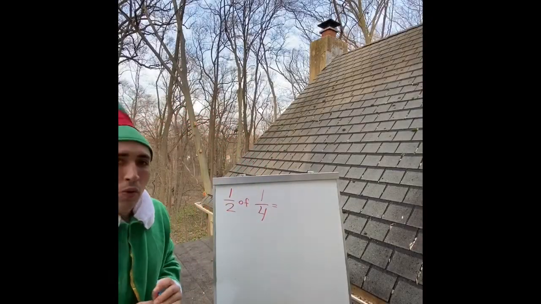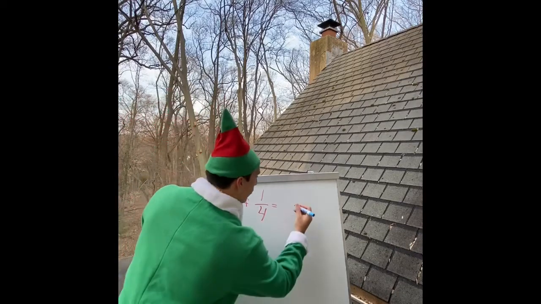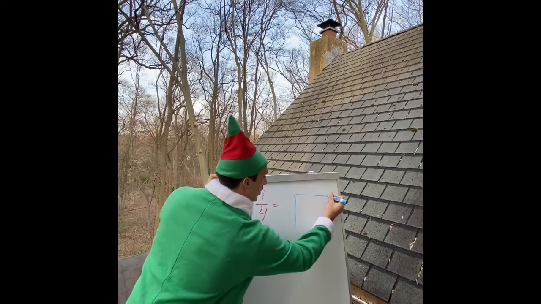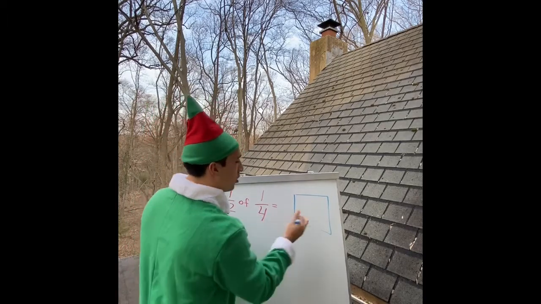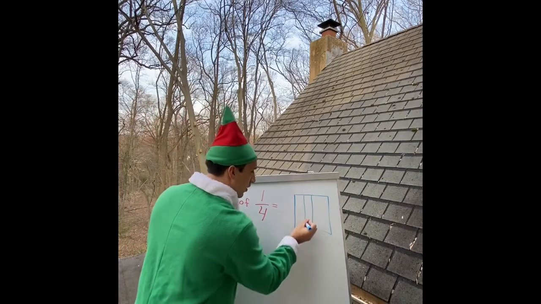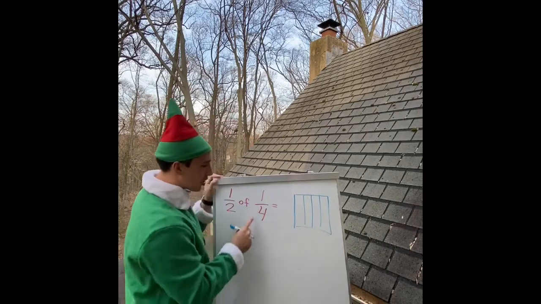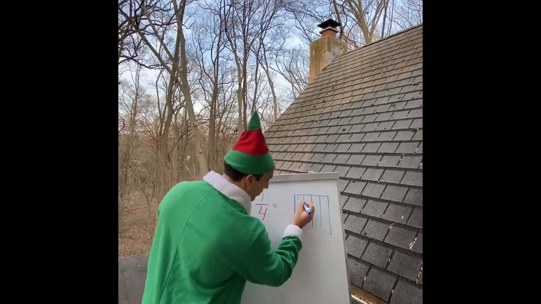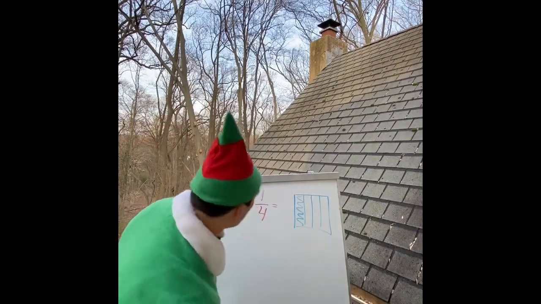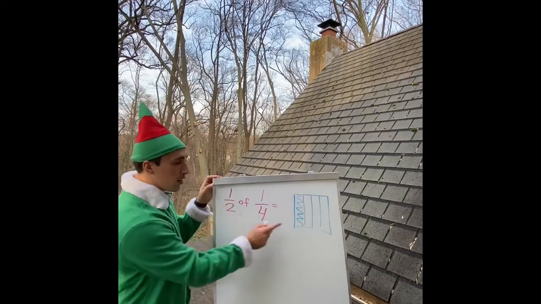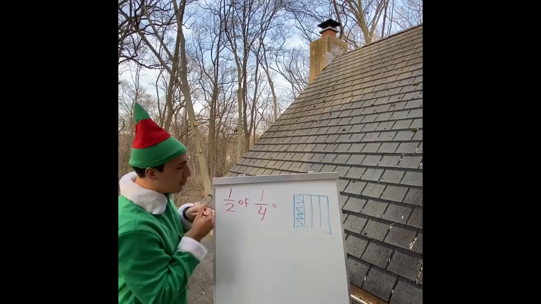All right, 1/2 of 1/4. If we were to draw this out, let's say this is Santa's sack. We're going to split it into 4ths. And we're going to shade in 1/4. Now, in our problem, we said we're going to drop 1/2 of that 4th off down that chimney.